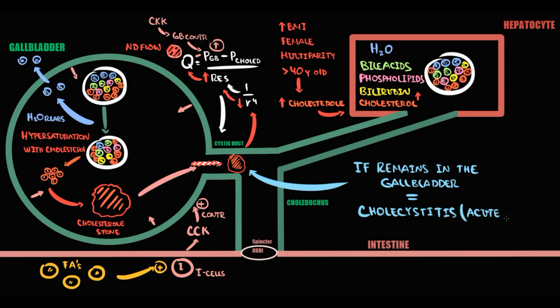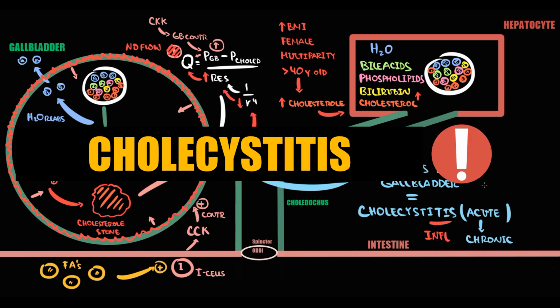Initially, acute cholecystitis develops, and multiple episodes of acute cholecystitis lead to chronic cholecystitis. So, if the stone remains inside the cystic duct for a prolonged period of time, inflammation of the gallbladder develops, and exactly itis in cholecystitis means inflammation.